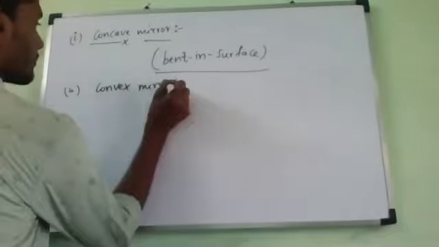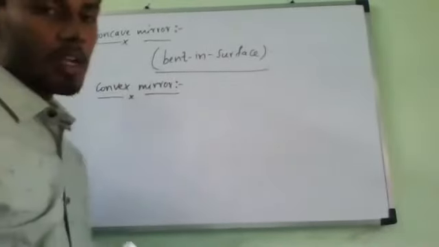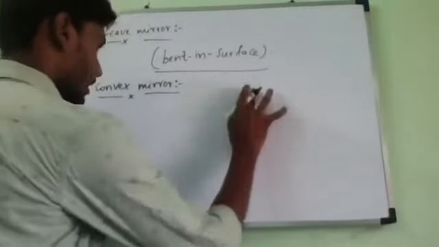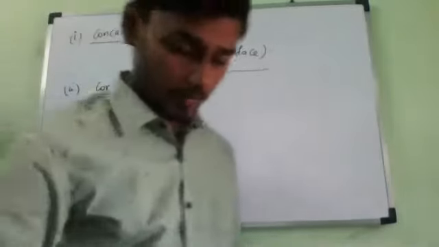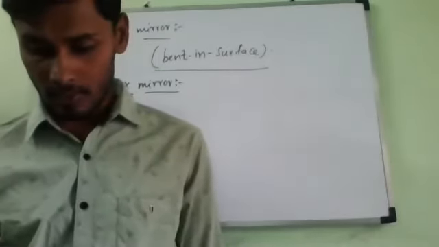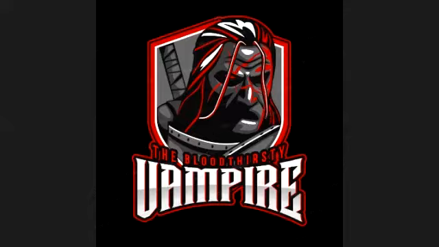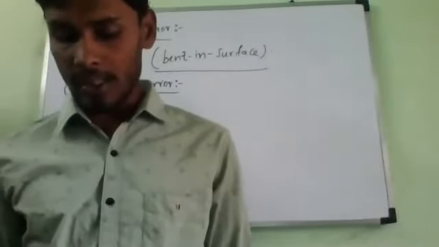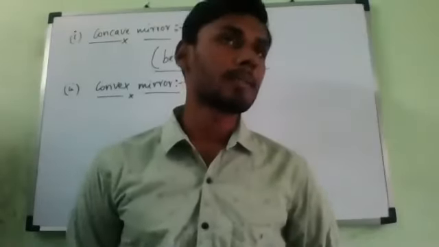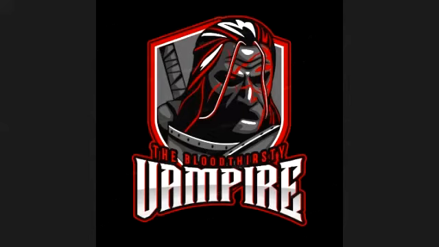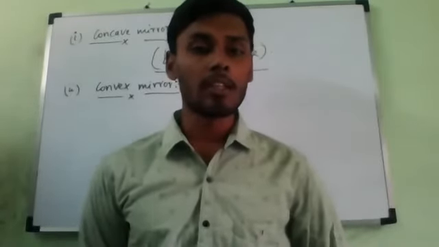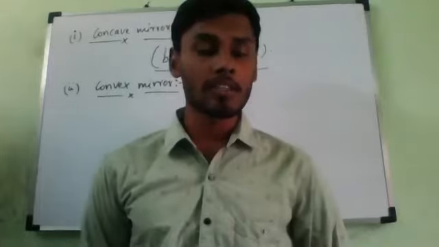A convex mirror is that spherical mirror in which the reflection of light takes place at the convex surface.